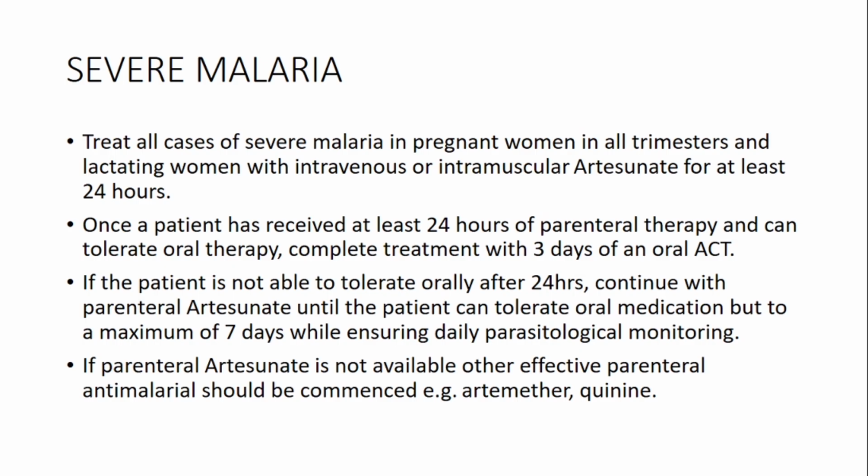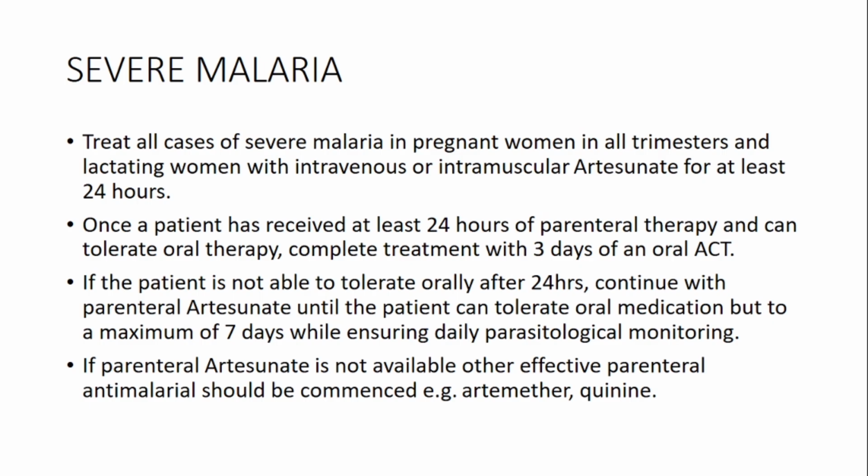So women with severe malaria must be treated. The diagnosis must be made promptly and must be treated aggressively in order to prevent or forestall any complications that may arise. And the gold standard for management of severe malaria in all trimesters of pregnancy is intravenous artesunate for at least 24 hours. So once the patient has received 24 hours of parenteral artesunate therapy, then this must be completed with oral artemisinin-based combination therapy.